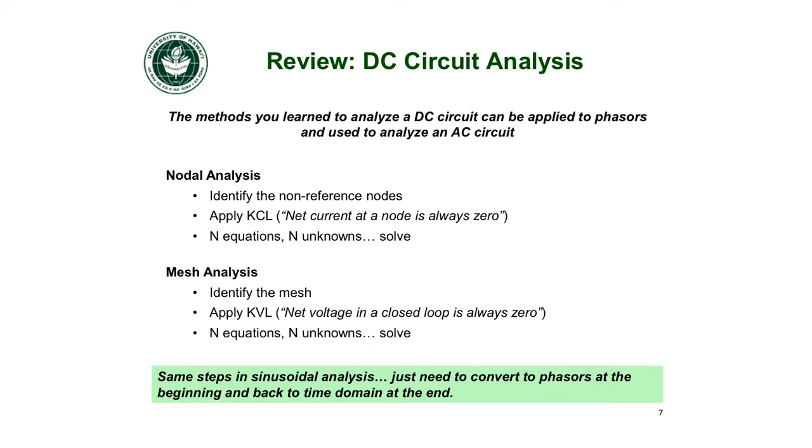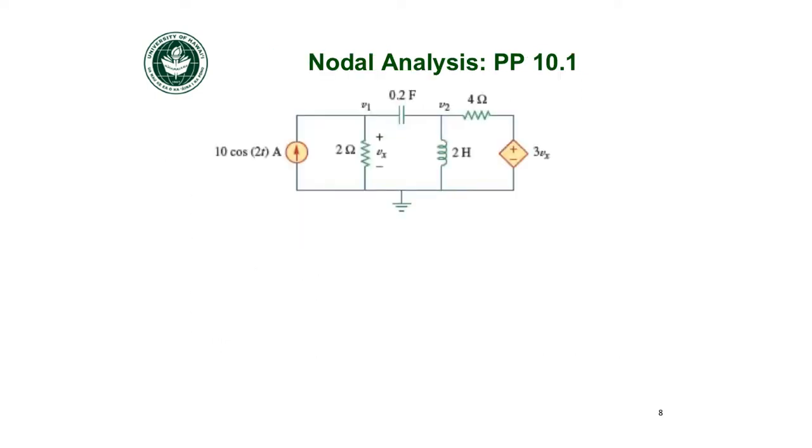So let's look at an example of this. So we have this circuit. There is a capacitor here, a resistor here and here, an inductor here, a dependent voltage source, and there is an AC current source.